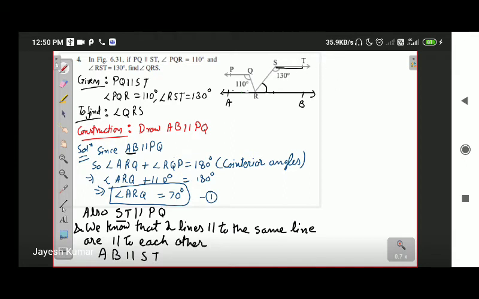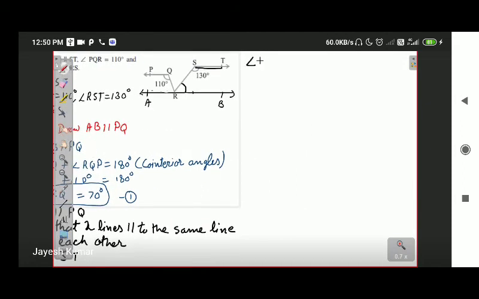Now ST line and AB line are parallel. So we can say now that angle BRS plus angle TSR should be equal to 180 degrees. Once again, the reason is the same. These are a pair of co-interior angles.